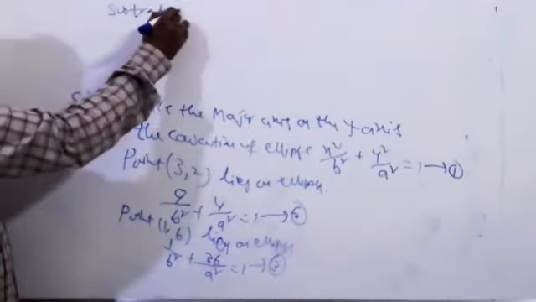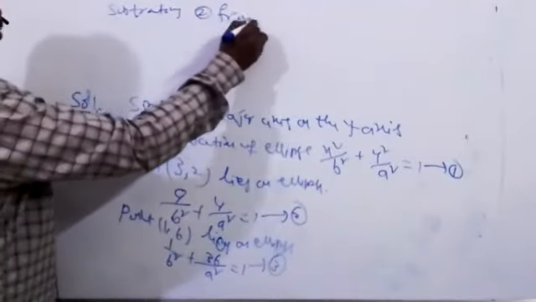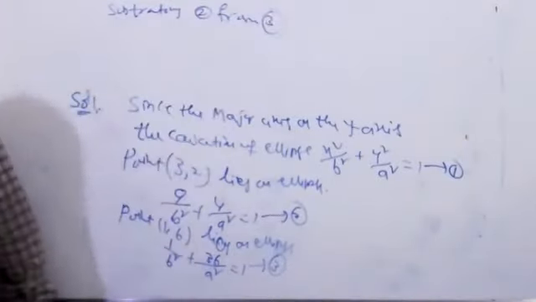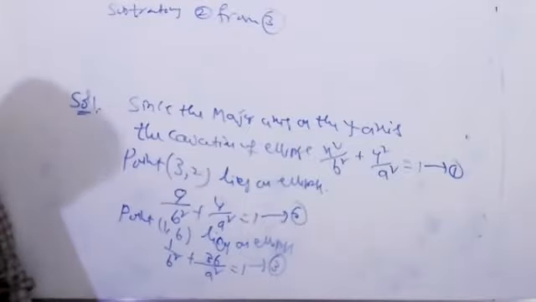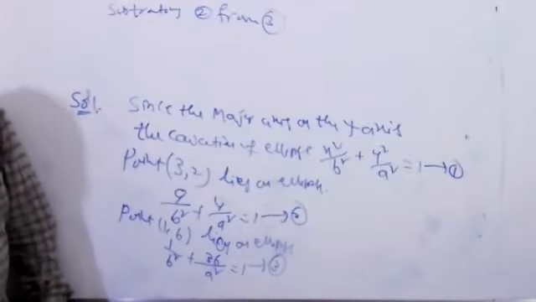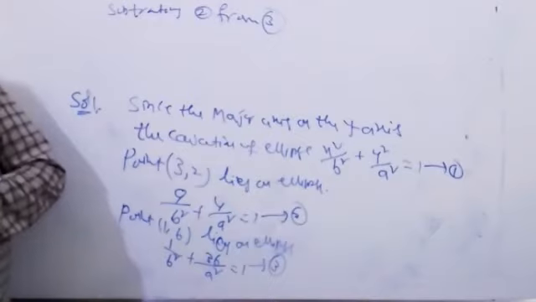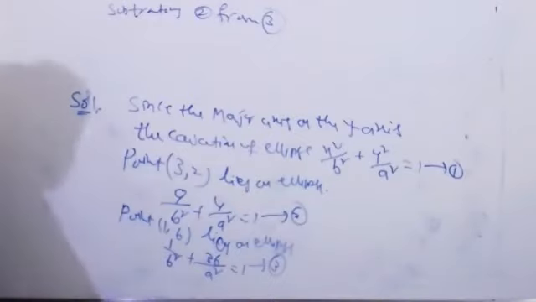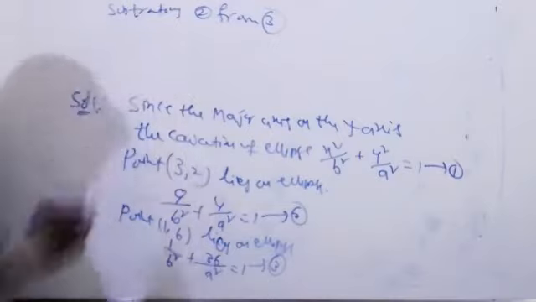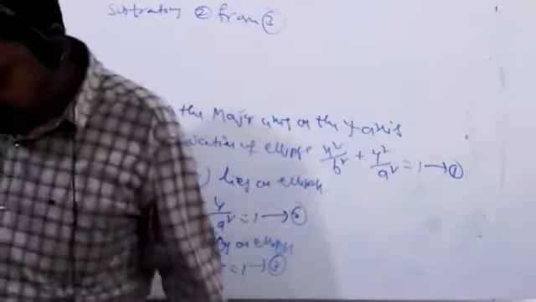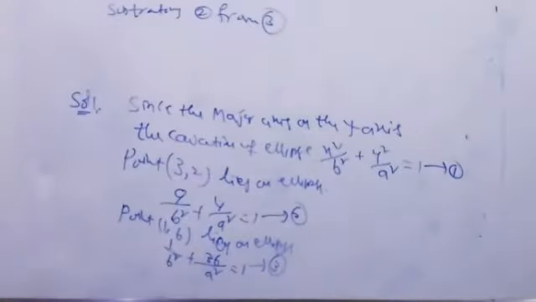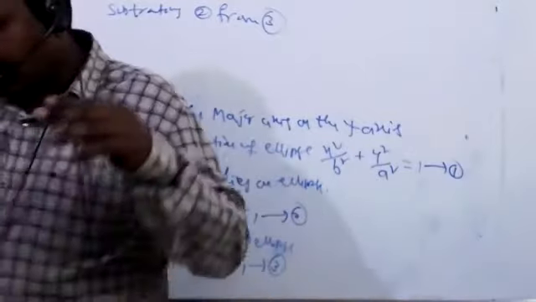Subtracting 2 from 3. A square is equal to 40.